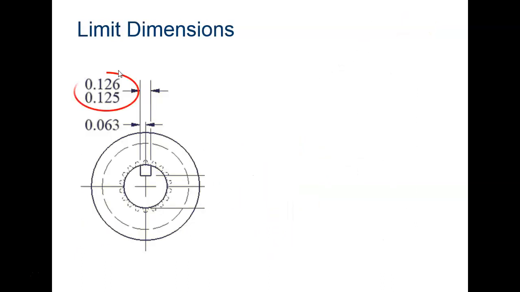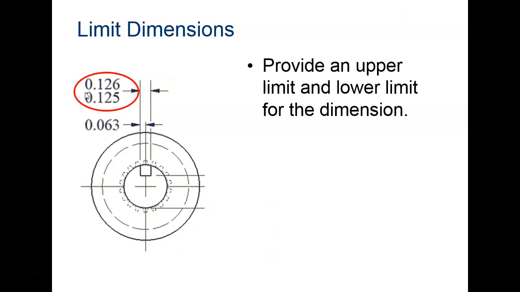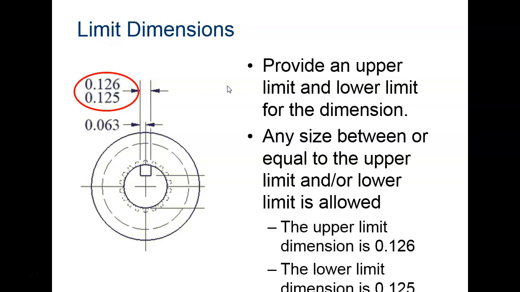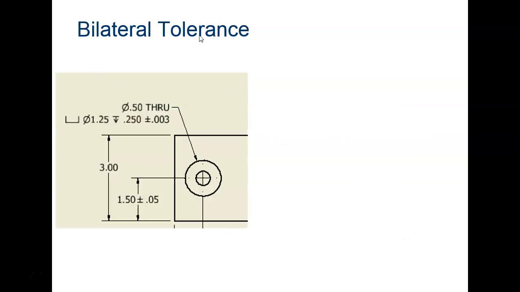A limit dimension simply states point blank what the upper limit and lower limit is. There is no variation. There's no math that's required. Whatever the part is has to be between those two things. It's the limit. You can't be below this number, and you can't be above that number. A bilateral tolerance makes you do a little bit of math.